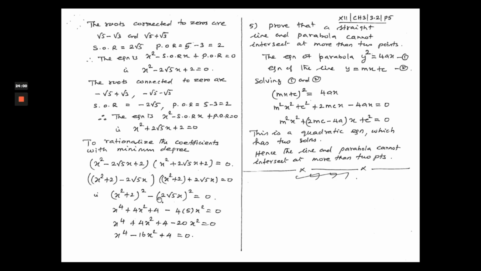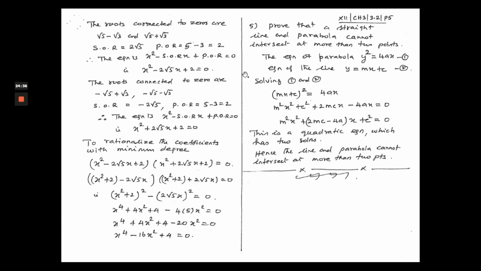Minus 4 into 5 into x squared, which is 20x squared. So x power 4 plus 4x squared minus 20x squared is minus 16x squared, plus 4. This is the required equation with rational coefficients, of minimum degree.